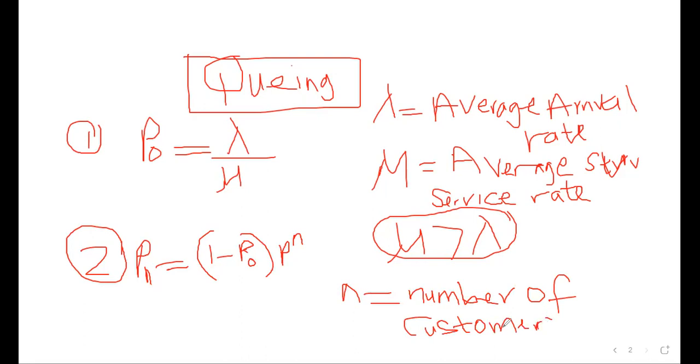Then the probability of not queuing is given by 1 minus PO. That's not queuing.